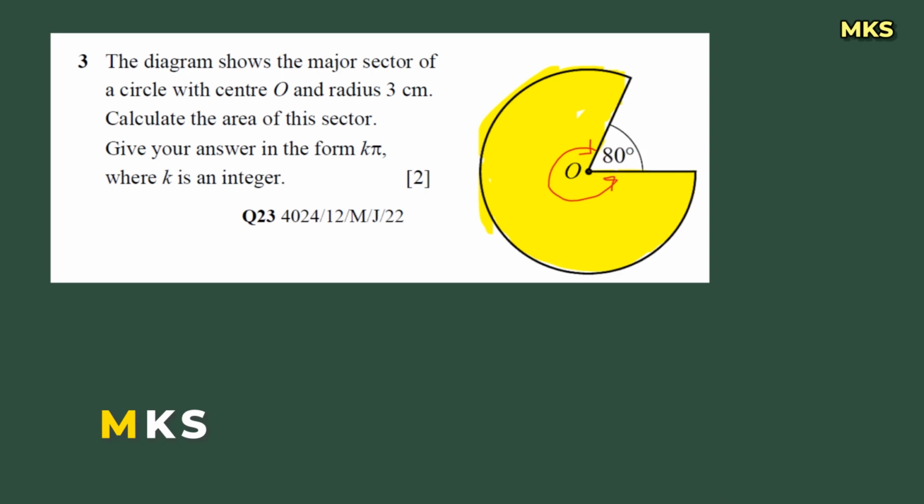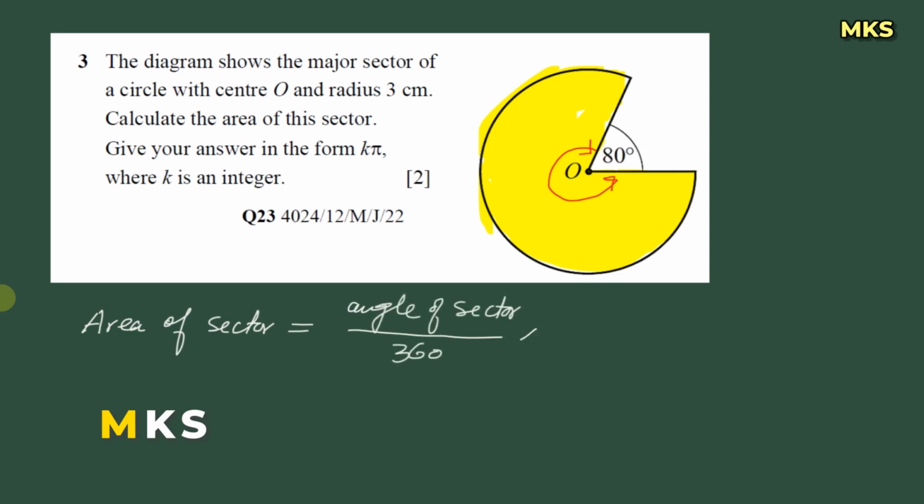If we have to find the area of the major sector, we need the angle of the major sector. We need this angle, because the area of a sector is equal to the angle of sector over 360 multiplied by pi r square. The angle of the sector whose area we have to find is the angle we need.